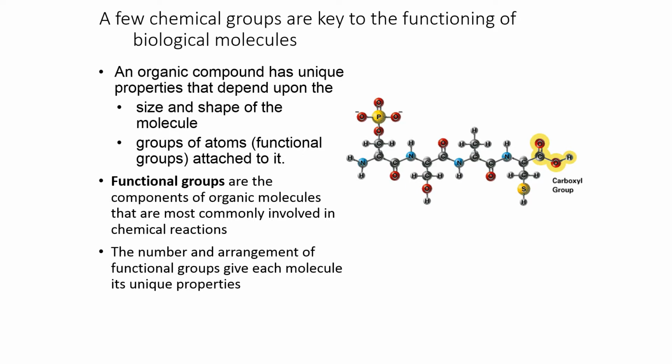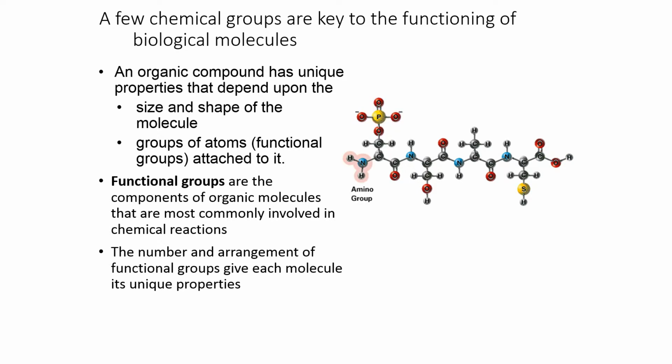Now, there's another component, alright, to how molecules behave, and that's their functional groups. Now, their functional groups are going to give molecules very key properties. And the functional groups are also going to be important in chemical reactions. Alright, because they can participate in chemical reactions.